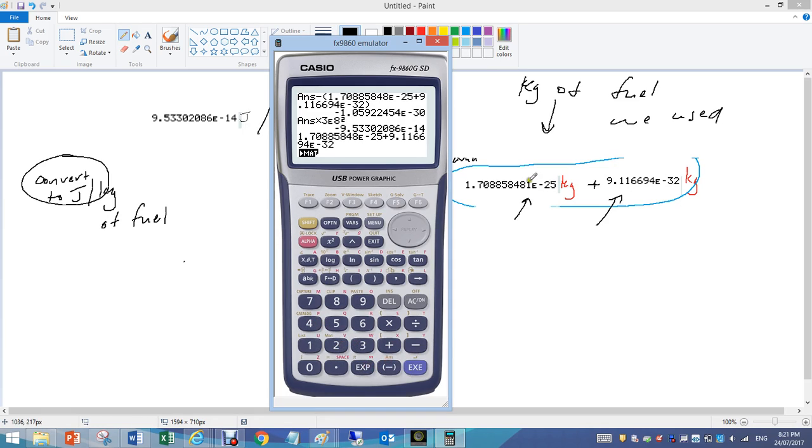I know it's not going to change this number by much because this number is tiny compared to this one. It's negative 32 versus negative 25. Okay, so it's over 1,000,000 times different. But anyway, you'll see, we virtually get the same number we had before, but it's still important to do it fully. So there we go.